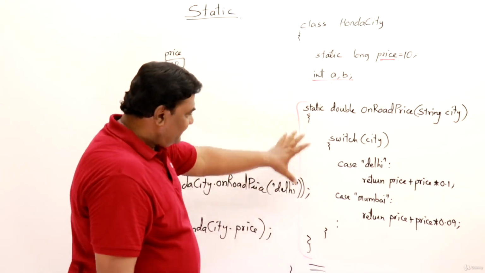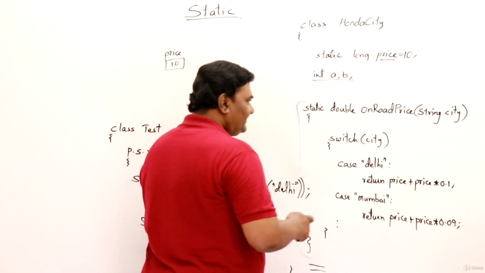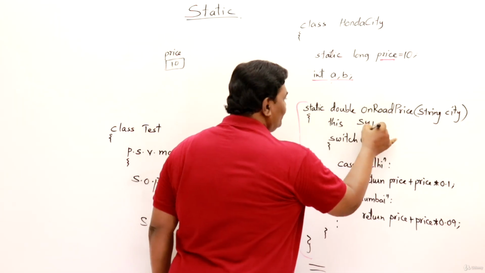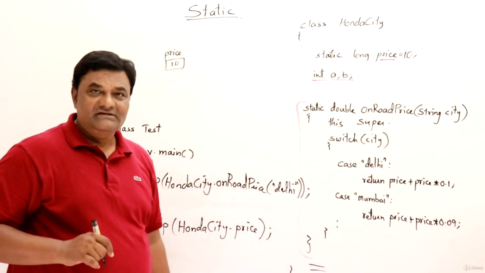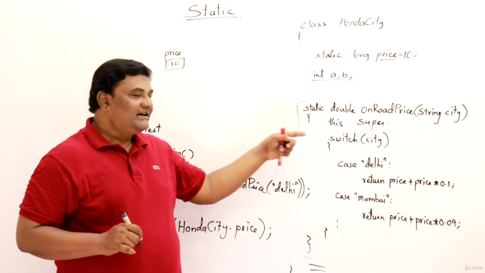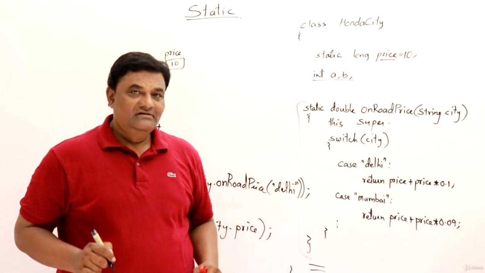And even the methods inside the class, the static methods, here you cannot use even keywords like this or super. You cannot use this also because they refer to an instance. They don't refer to a class. They refer to objects. So you cannot use these keywords inside static methods or inside static nested classes.